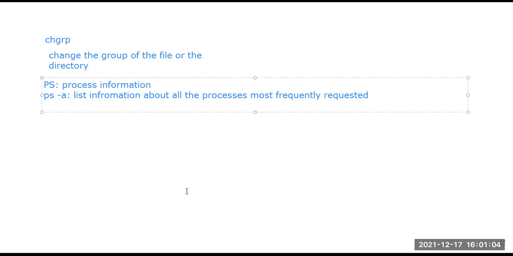So ps -a can help list information about all the processes that are most frequently requested.